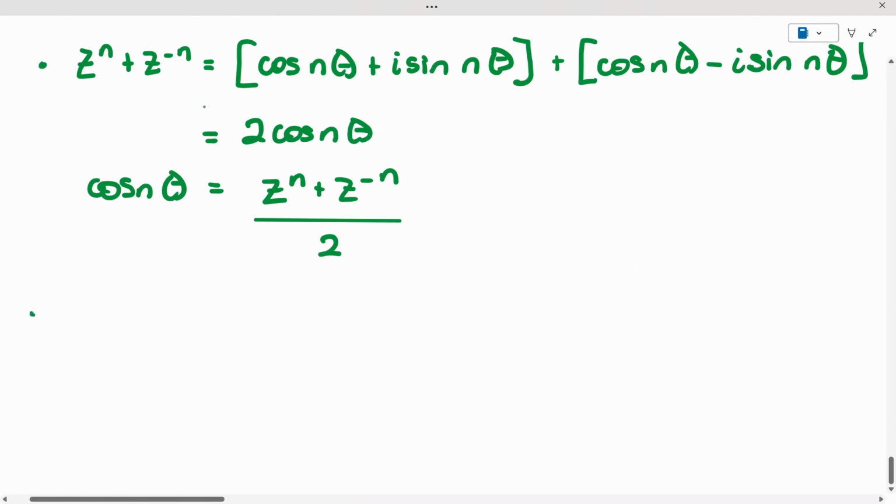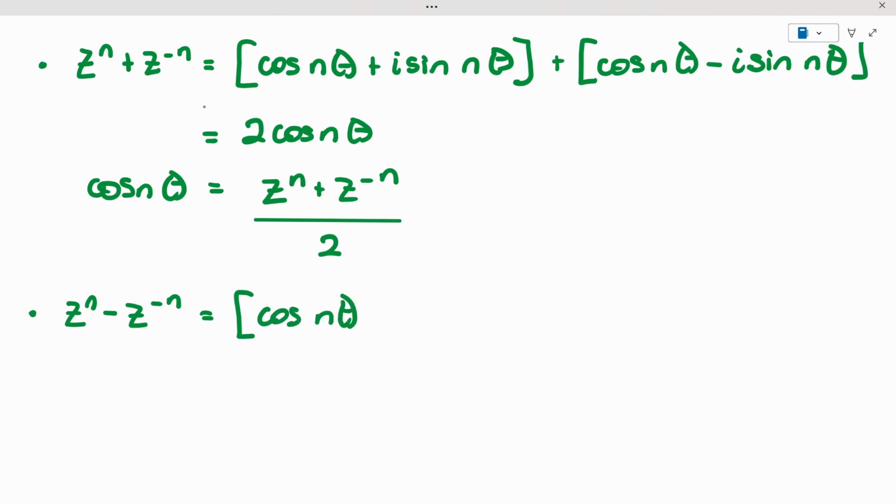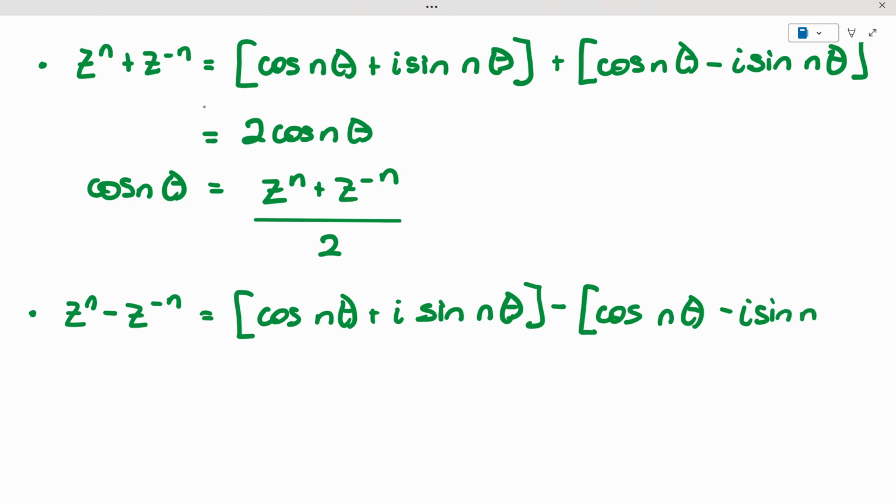Now let's subtract and see what identity we get. z to the n minus z to the minus n. We get here cos n theta plus i sine n theta minus cos n theta minus i sine n theta. So now this time the cos's will cancel out, right?